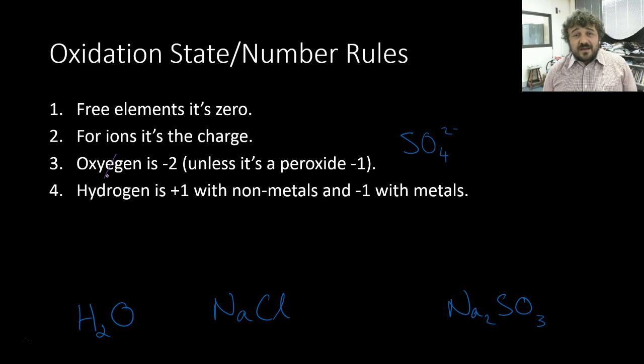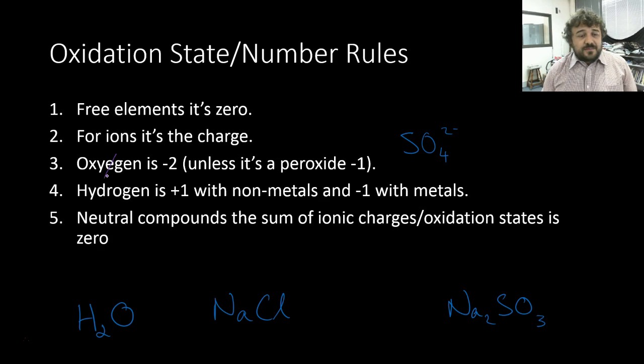For neutral compounds, the sum of the oxidation states is 0. So over here, this is a neutral compound, so what we're going for is 0. Over here, we're going for a total oxidation state of -2. We'll come back to those in a minute.